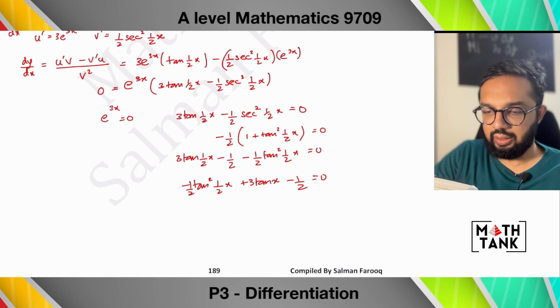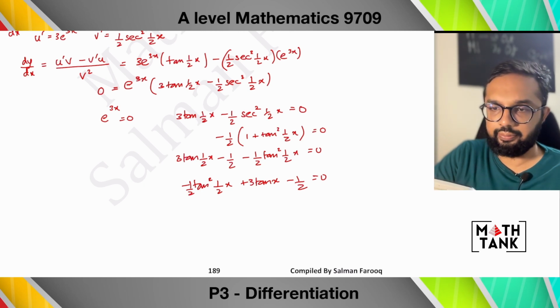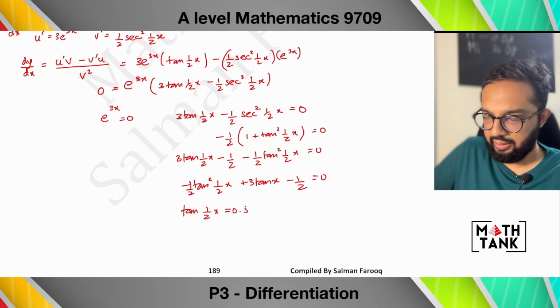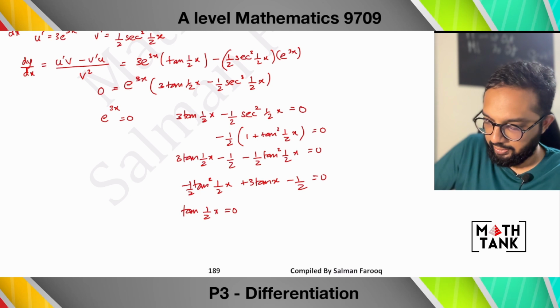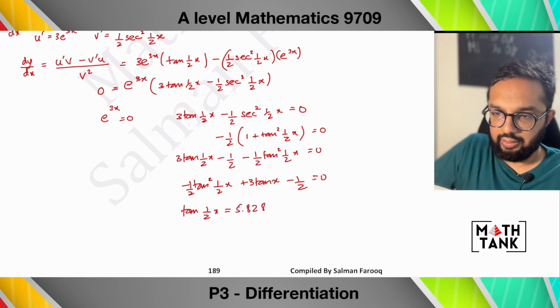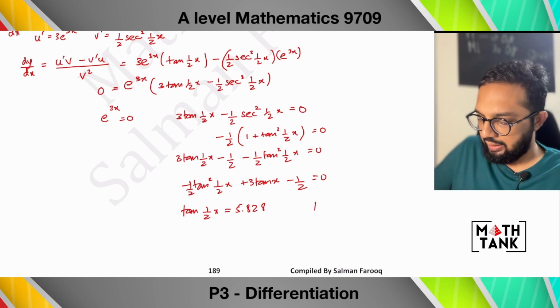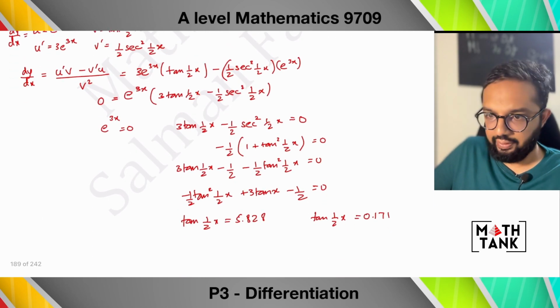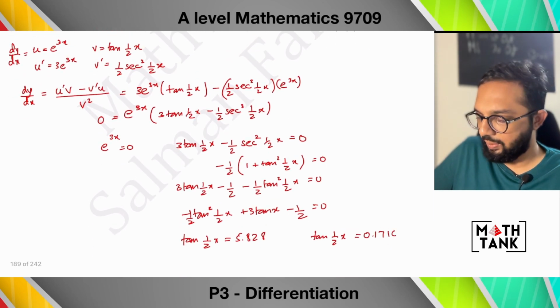So I'm getting tan half x as 5.828, and the other one is tan half x equals 0.1716.